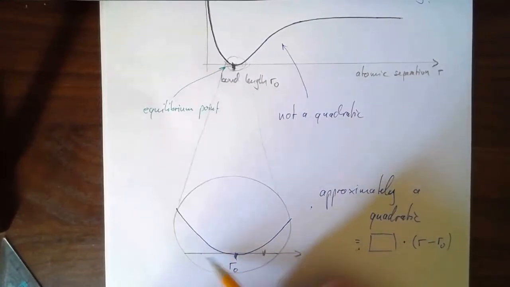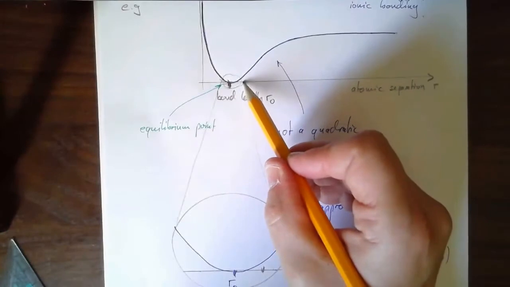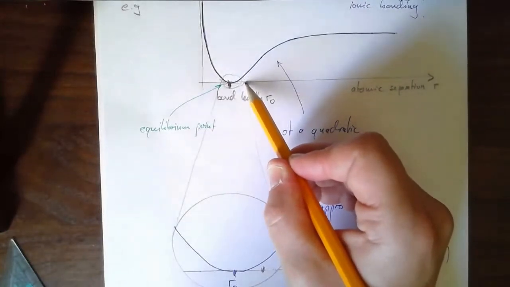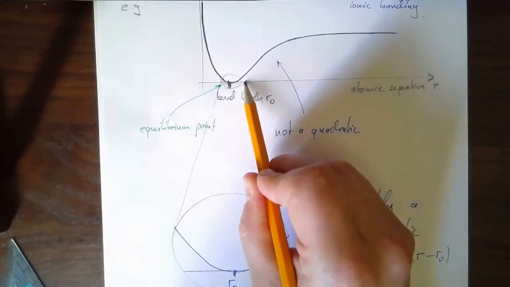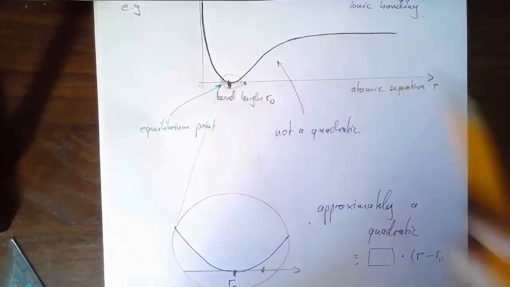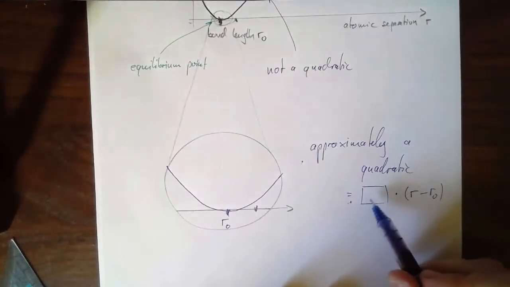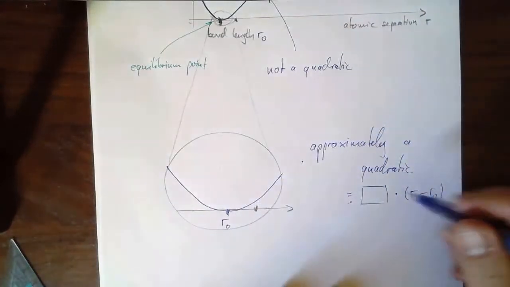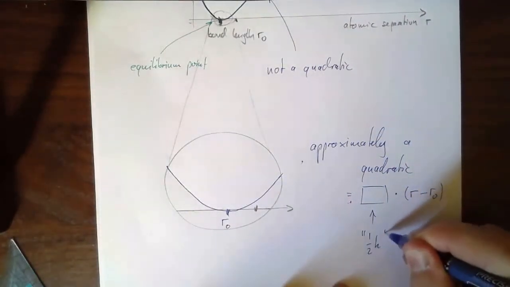If I'm on the left, it would be a negative number. If I choose a point in the big graph, then my distance from the bond length is the R value here minus the bond length. I can figure this out from the actual shape of this, but that is going to be equal to 1/2 K.